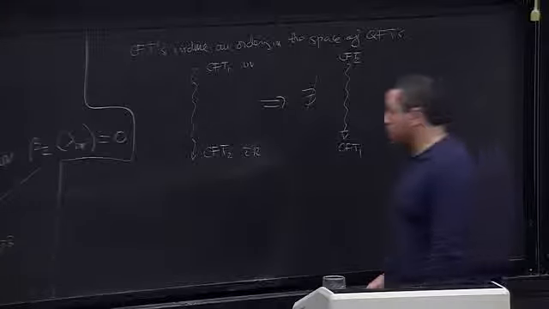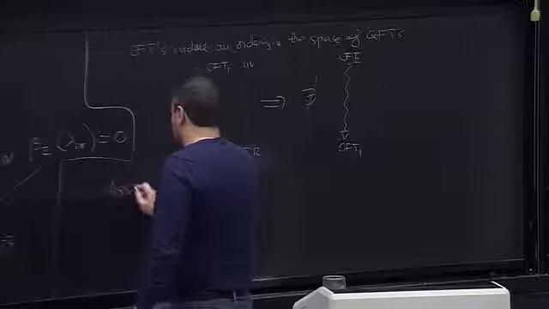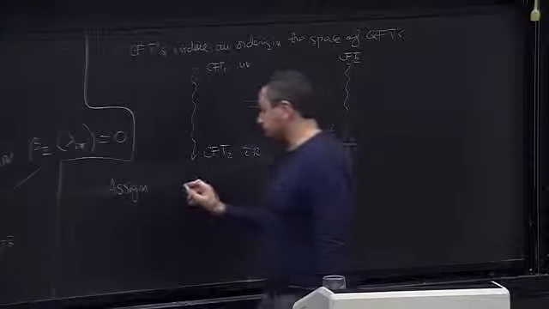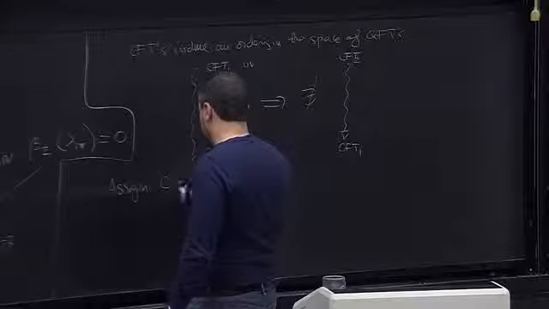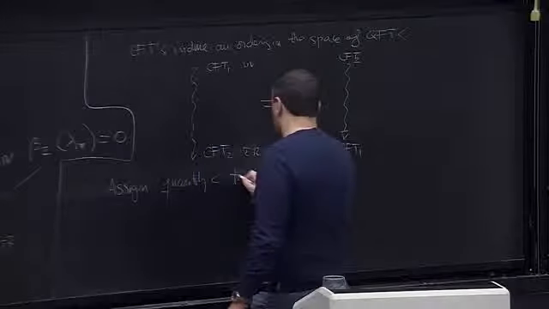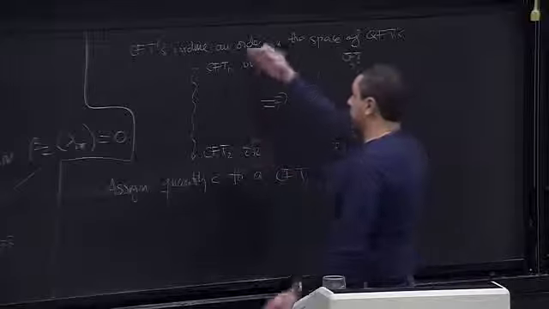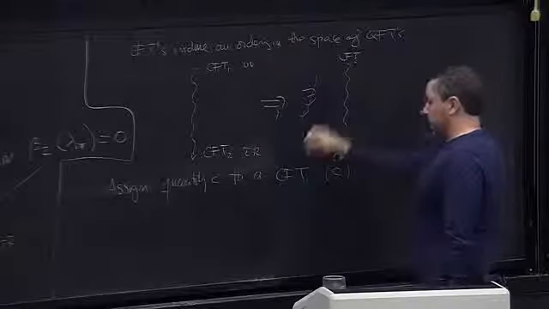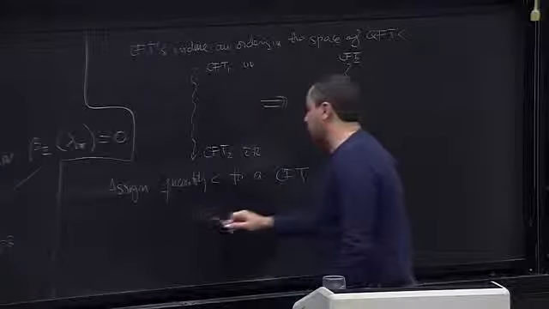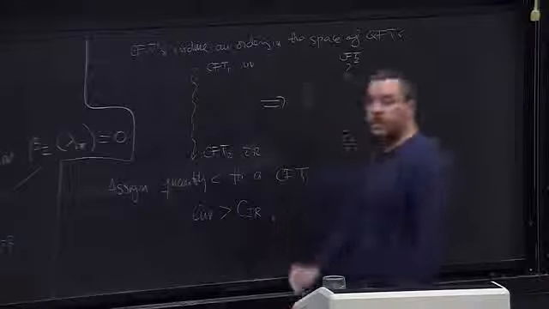More formally, and I hope to discuss this in one of the lectures, we can assign a particular observable to a CFT, which we will call generically C. If you have a flow like this, it has a monotonicity property. It tells you that this quantity evaluated in the ultraviolet is always bigger than the quantity in the infrared.